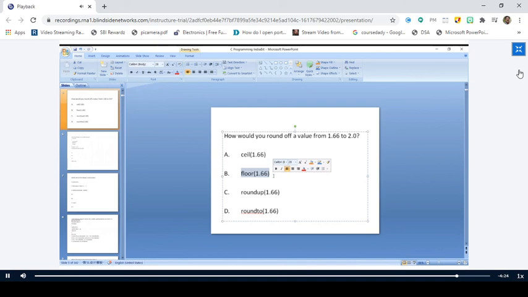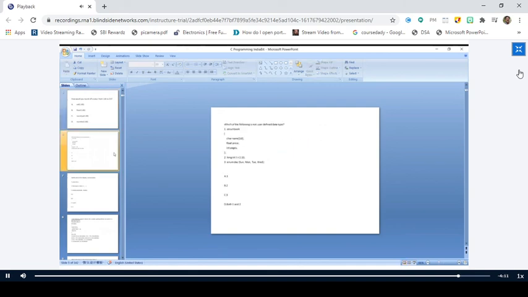For that we have a predefined function called floor. Floor and ceil are the two important mathematical functions which we can make use of. And what is the header file that you have to use? Math.h, right? So remember these two functions: ceil means upper value, floor means lower value, right?